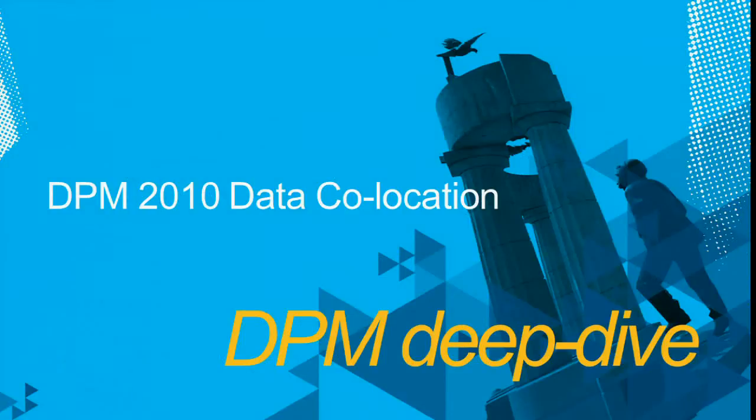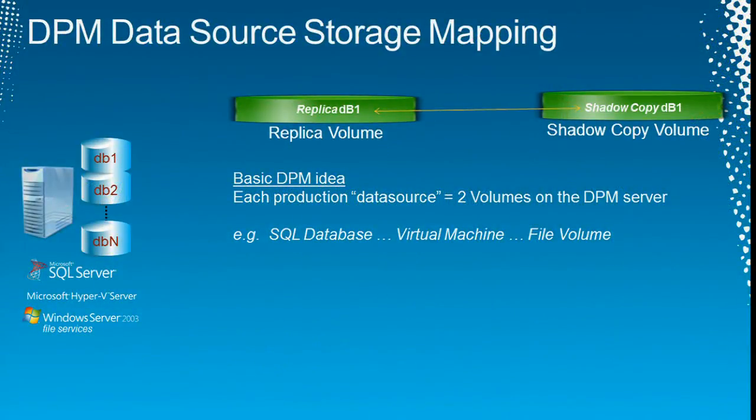Okay. Now, data co-location. And I told you this is something really exciting. In 2007, the basic idea was, each data source would get 2 volumes on the DPM server. The replica volume and the shadow copy volume. It holds the changes.